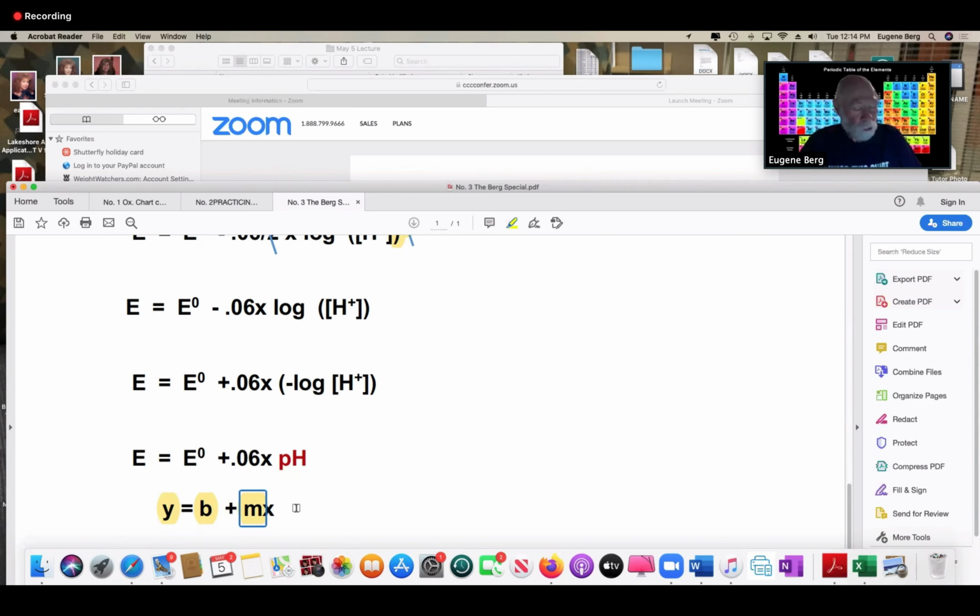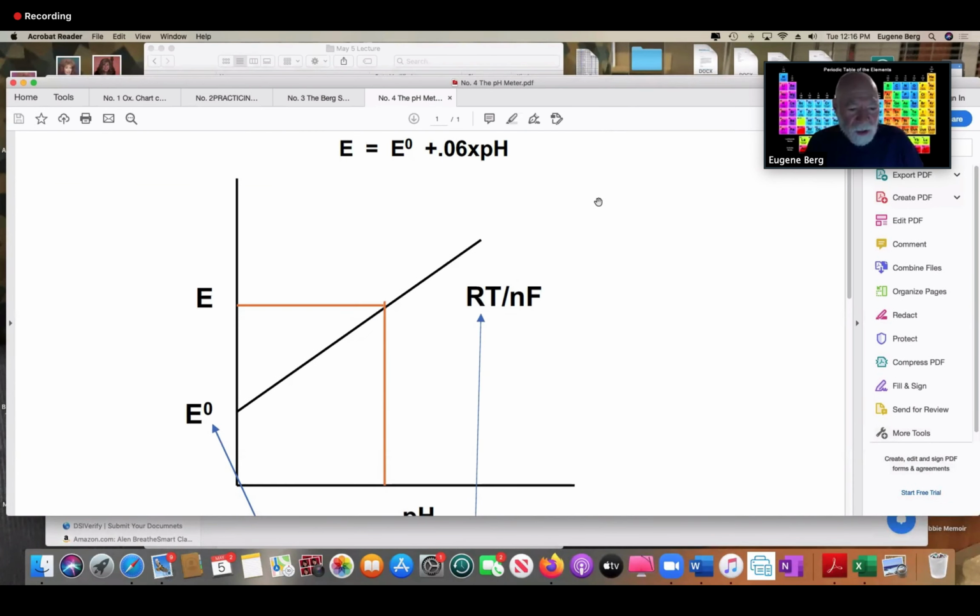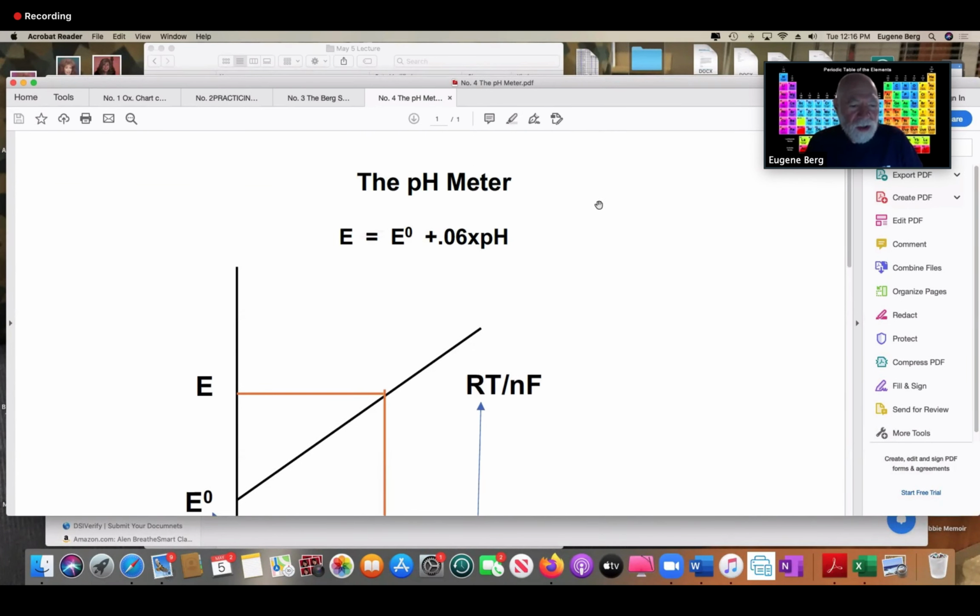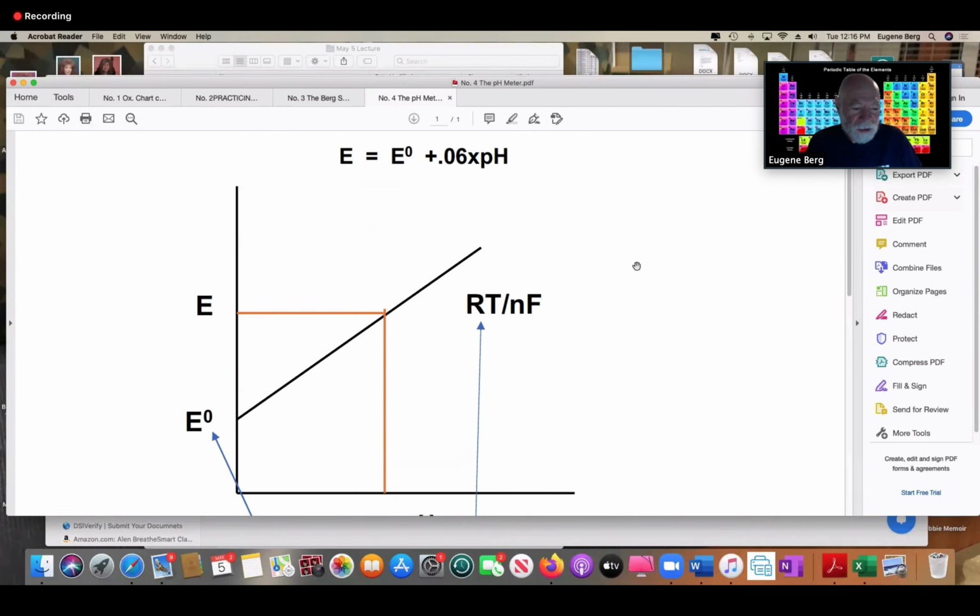And Beckmann became rich and famous because he actually invented the pH meter, which I'll show you in a moment, and he actually started a whole company on electrochemical instruments. And it was all based on his first discovery that this equation follows the equation of a line. So here's the equation you saw before, and here it is plotted.